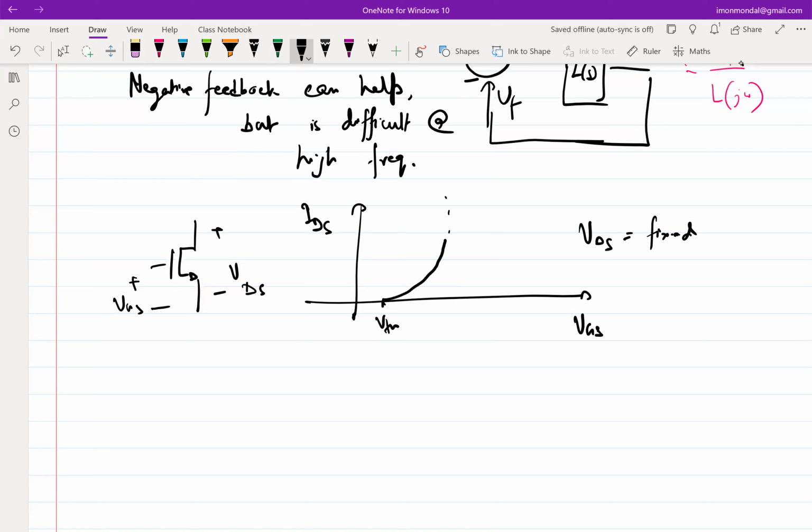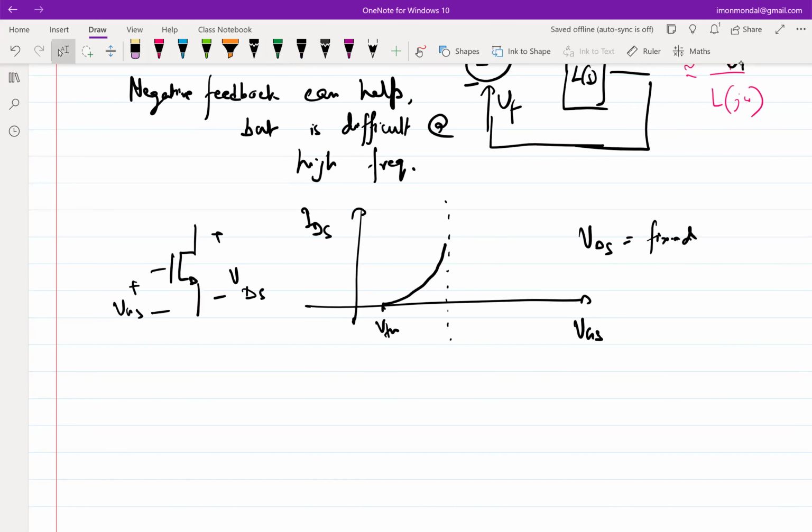And when VGS reaches VDS plus threshold voltage, you are going to hit linear, and then it becomes like this, right?